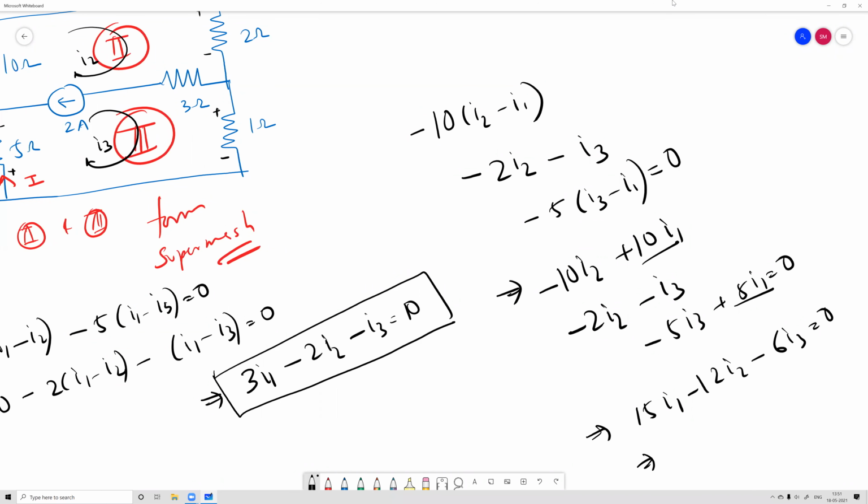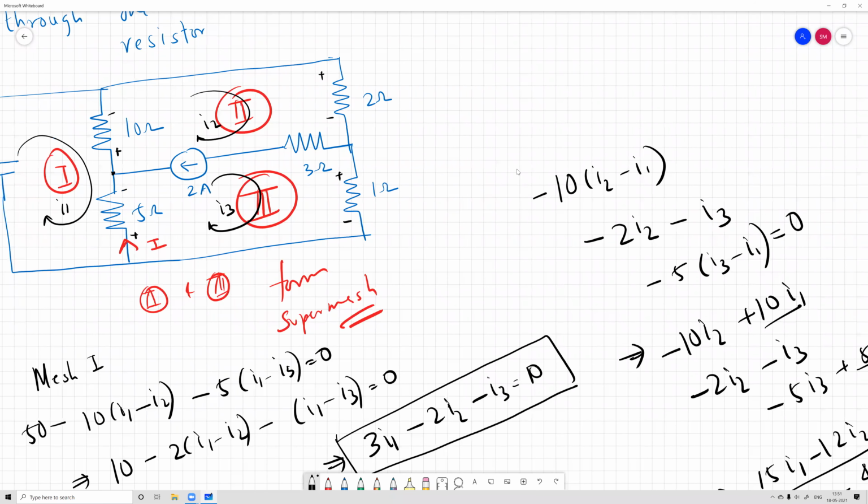So I can divide everything by 3. 5 I1 minus 4 I2 minus I3. Okay, getting this equation for the super mesh? Yes, sir.